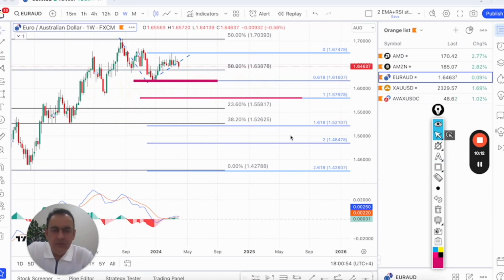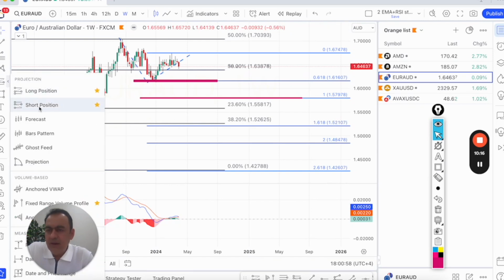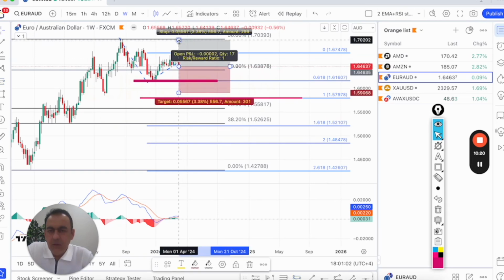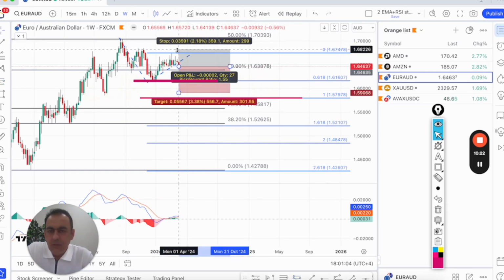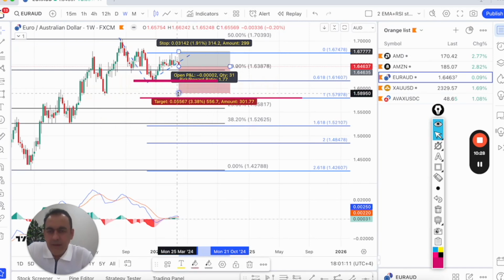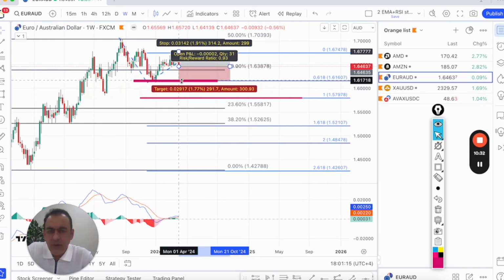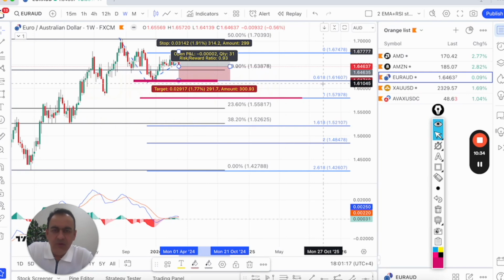Now I'll be using risk and reward to understand if we get into a short position at the current price, managing our risk at a slightly higher level than the lower high. The first level of interest or take profit would be around 0.618, but my risk and reward would not be amazing.